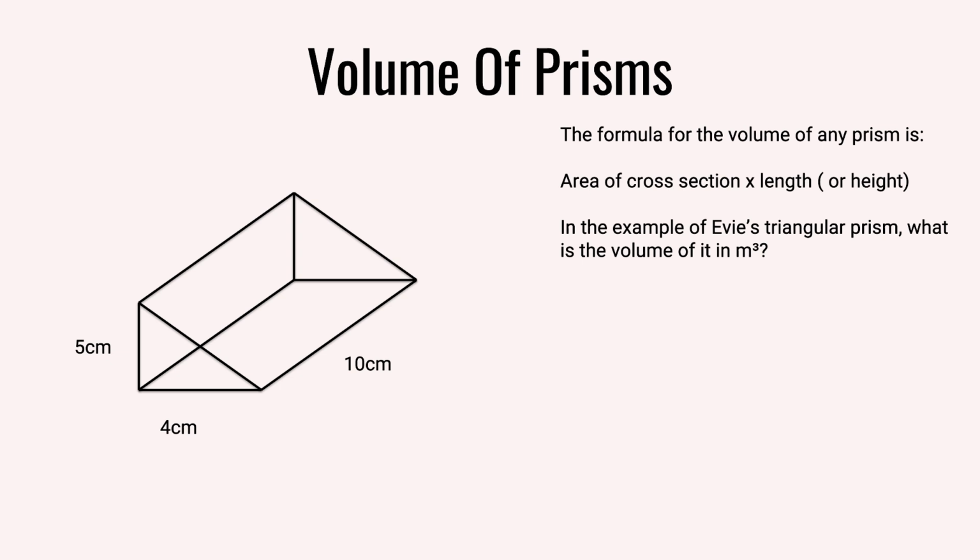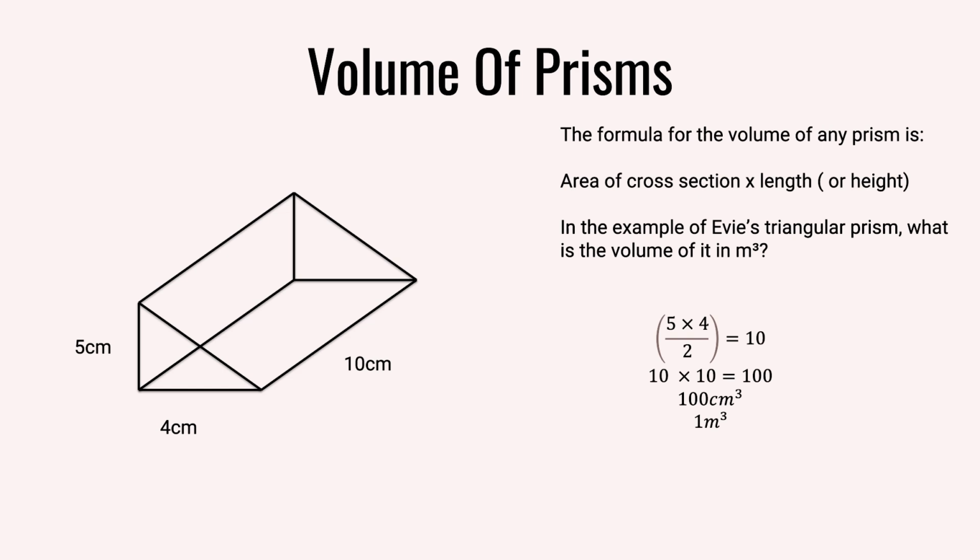In the example of Evie's triangular prism, what is the volume of it in meters cubed? Personally, I would work out the volume of the triangular prism in centimeters, then convert at the end. So, we must first work out the area of our cross section, which is our triangle. So we do 5 times 4 divided by 2, which is base times height over 2, which gives us the answer of 10.